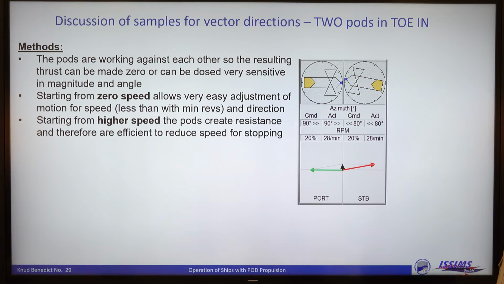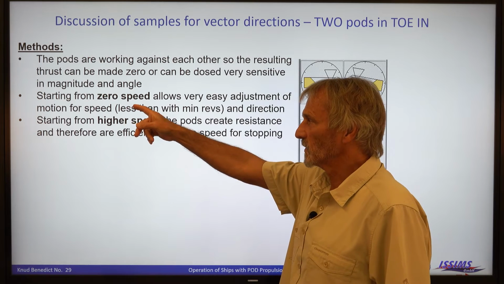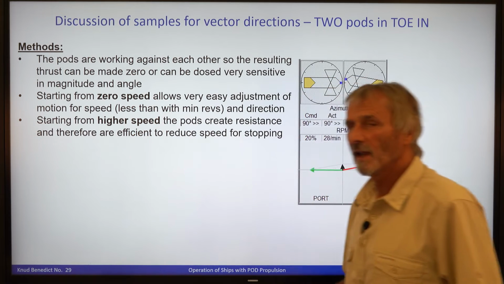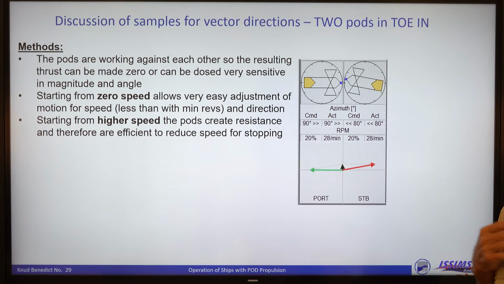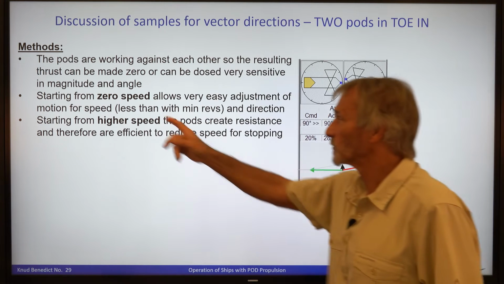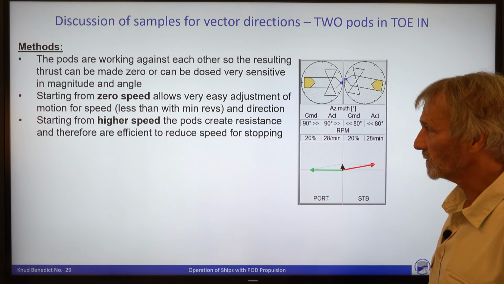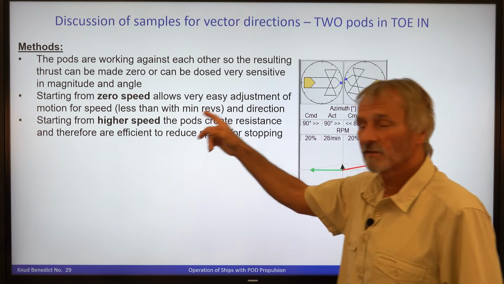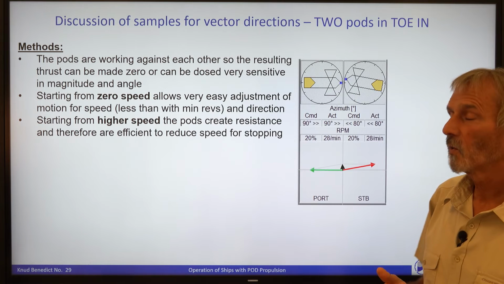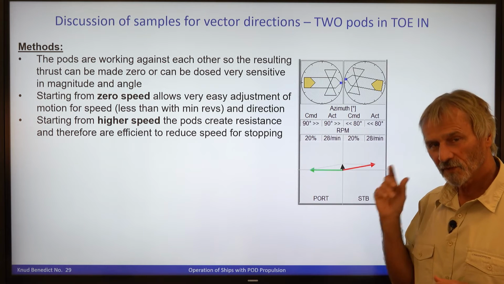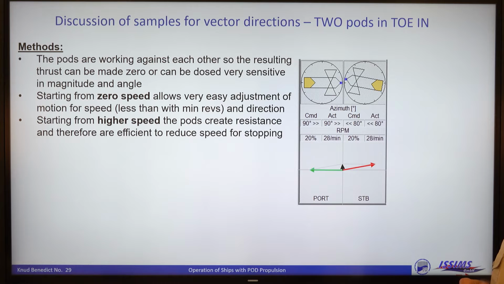The good thing is, starting specifically from 0 speed allows very easy adjustment of the motion. That means both for speed and also for the direction, even with less effect than the minimum revolutions. So this is the most important application of this method.